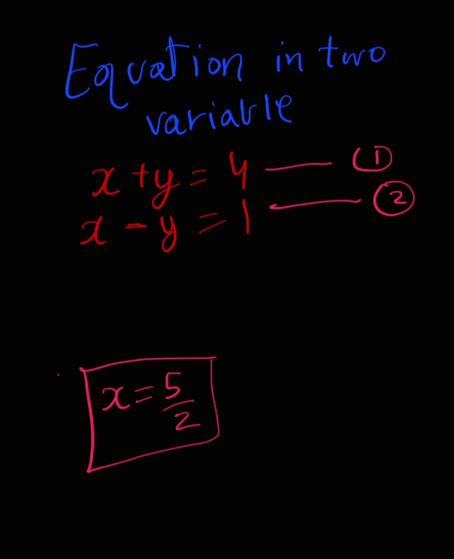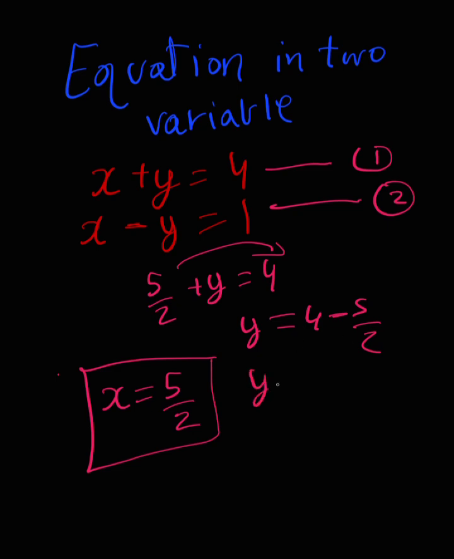So let's substitute in the first equation: 5 upon 2 plus y is equal to 4. I will bring this over to this side and get y is equal to 4 minus 5 upon 2. This is just an equation in one variable which we can easily solve. So y is equal to 8 minus 5 upon 2, y is equal to 3 upon 2.